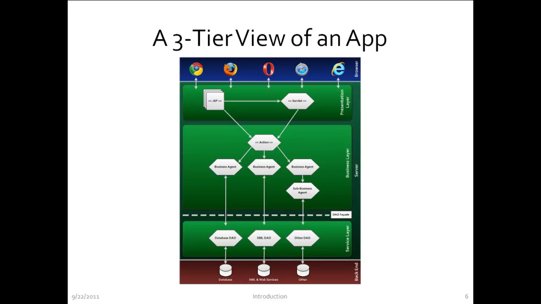So there might be a remote system, for example, the warehouse system, which has to be told to ship a product, in which case it's going to call the service of the warehouse system. So keep in mind that this business logic layer will then turn around and call multiple services, a database service, a remote warehouse service, a remote credit card service, whatever it might be. And these services are implemented in what is known as the service layer.